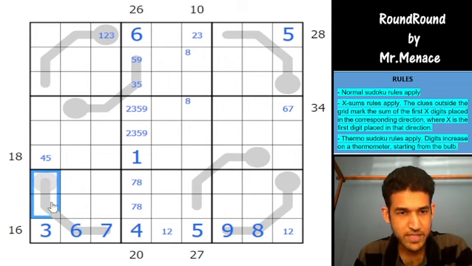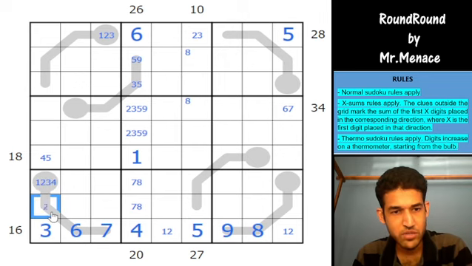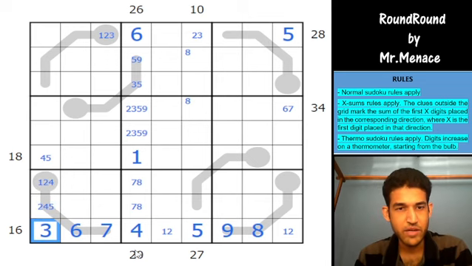Okay, maybe let's write some possibilities here. So this can maximum be 4 because of the 6 here, and minimum 1. So 1 2 3 4, and this would be 2 3 4 5. 3 is removed from these cells because we have a 3.